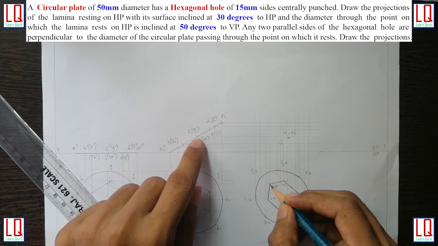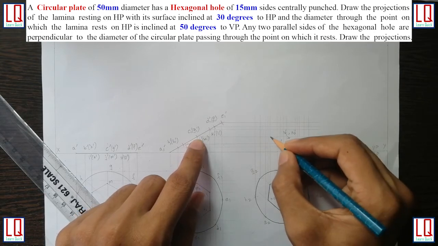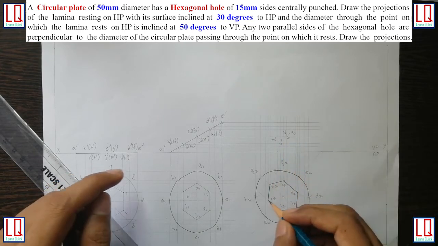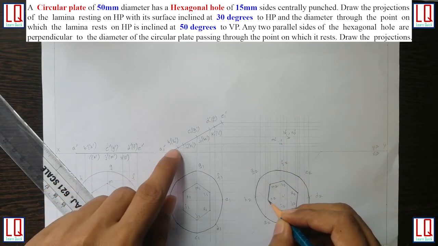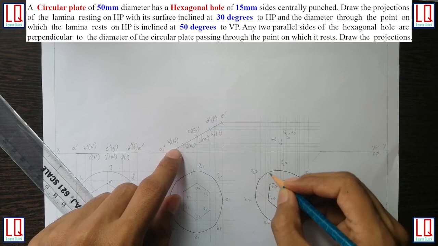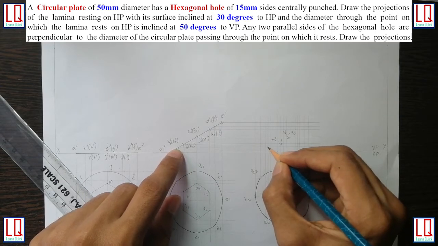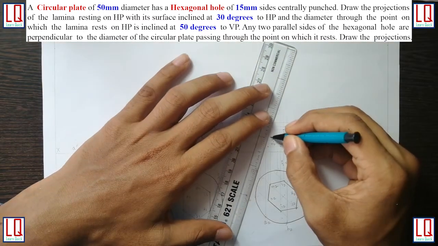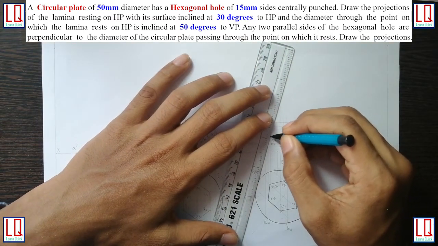M2 and M1 dash meets here, so it's M2 dash. N2 and N1 dash meets here, so it's N2 dash. Now with the help of your HB pencil, join all the points.